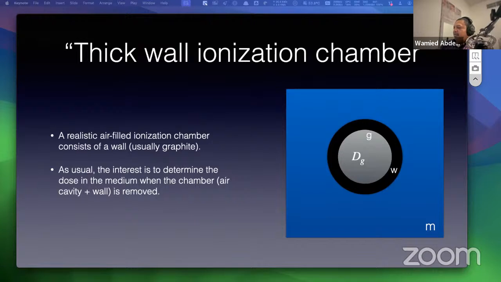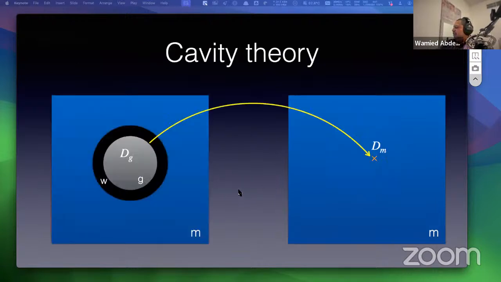But again, what is our interest? Our interest is to determine the dose when this chamber is not in the medium, neither the cavity nor the wall. That's our interest. So again, this is depicted here. We have a wall, we have a gas, or air in this case, and we know the dose in the air.